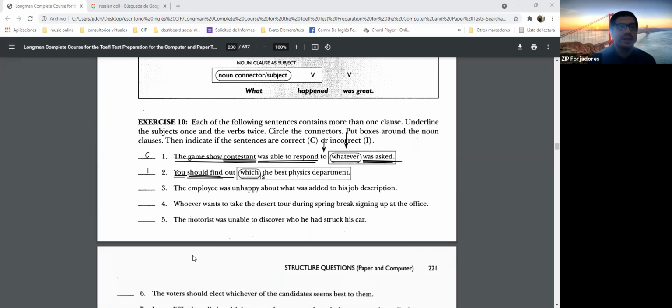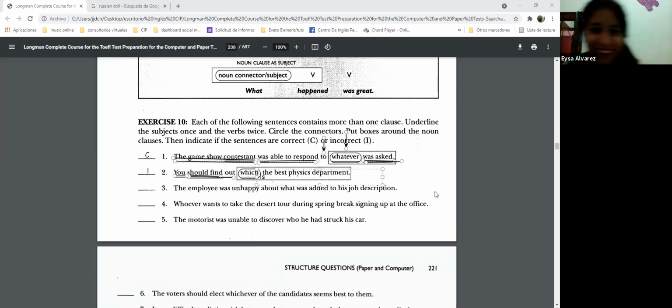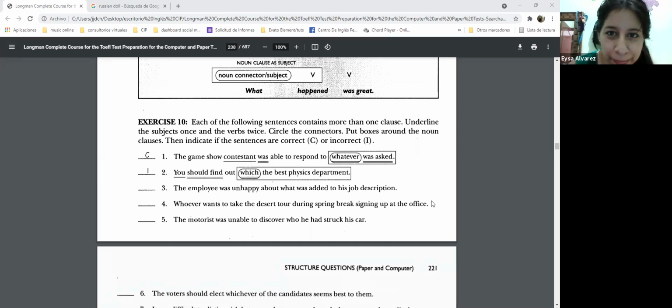Let's go with number 3. Let me check the structure. We have the employee as the subject, we have the action, and we have an adjective.